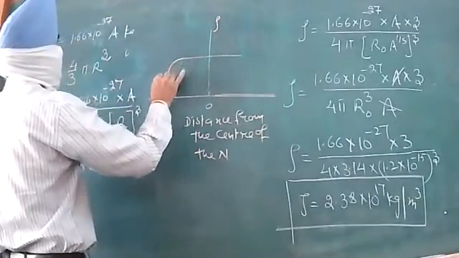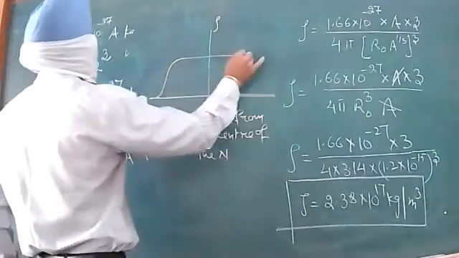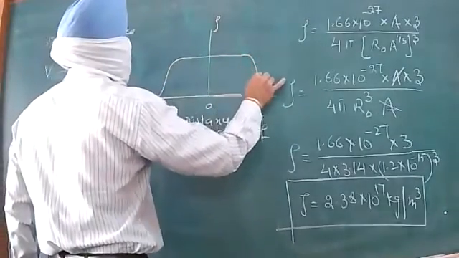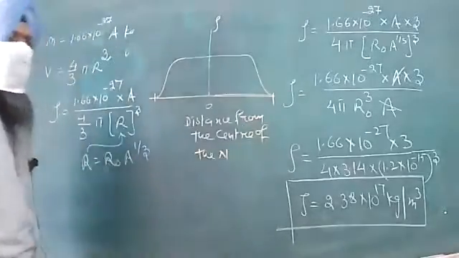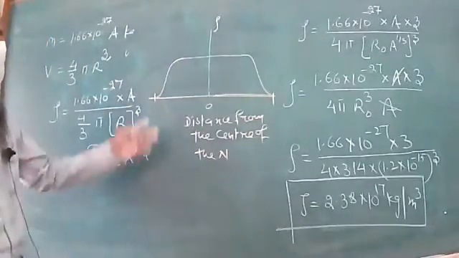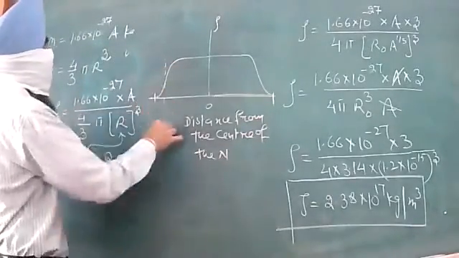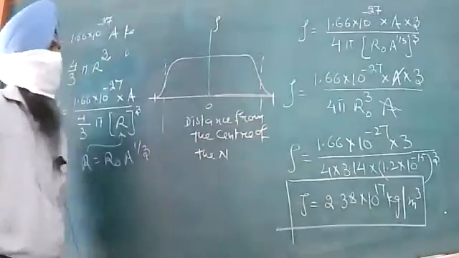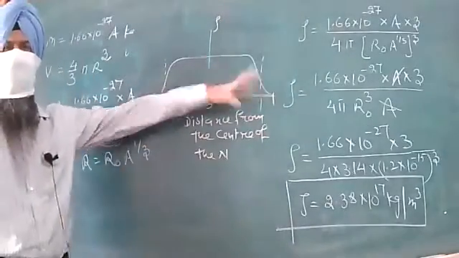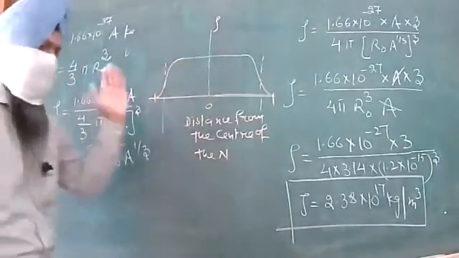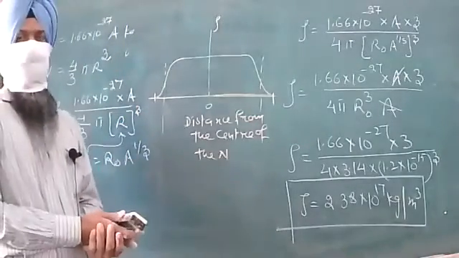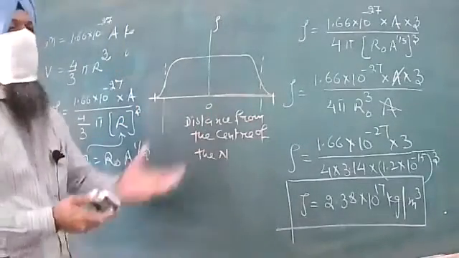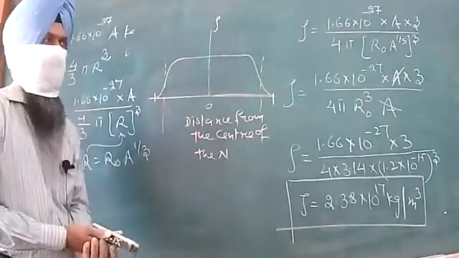At the edges it sharply drops in this manner. So these are the outer boundaries of the nucleus. This is approximately the edge at which the nuclear density drastically becomes one half and dips down further. So this was your idea regarding the nuclear density.